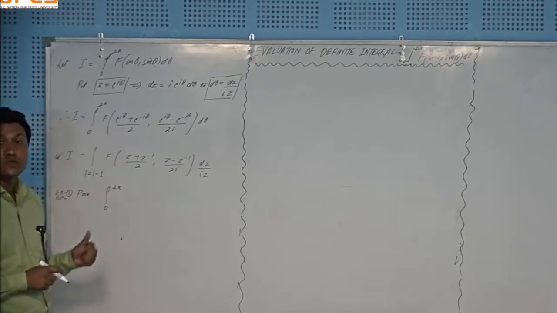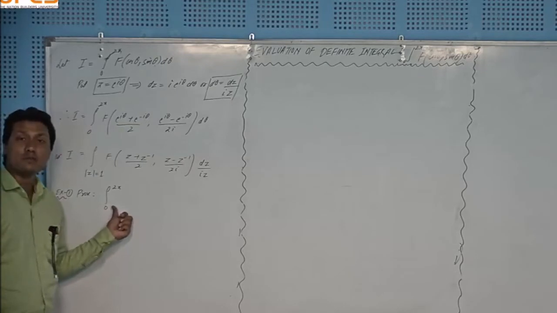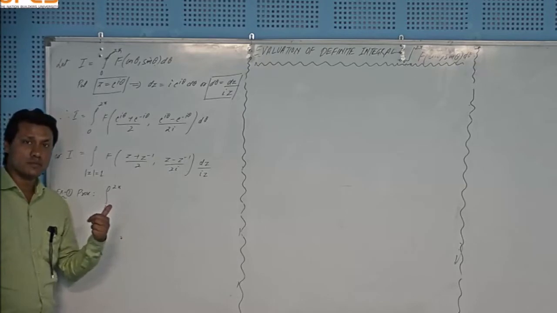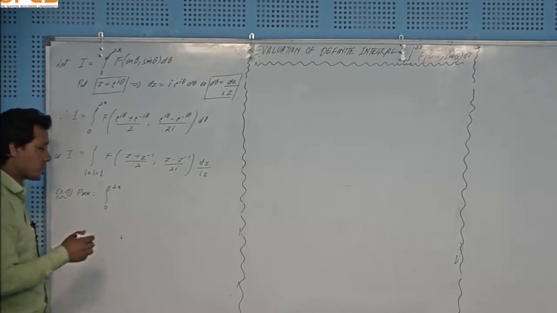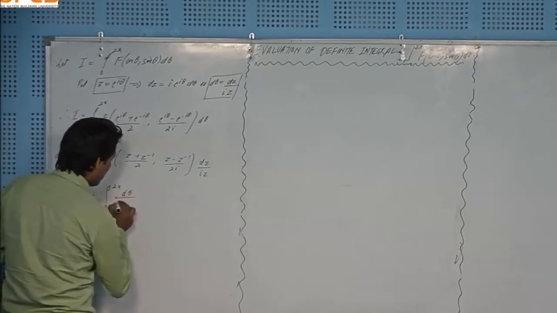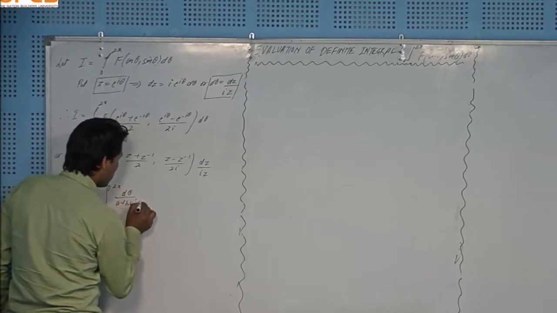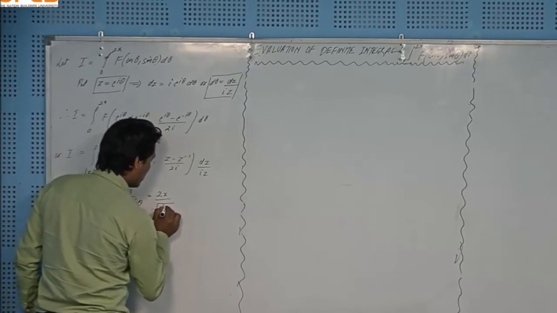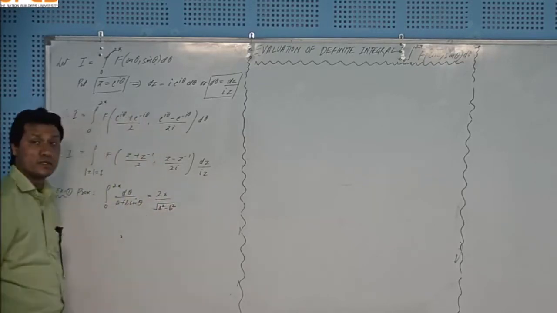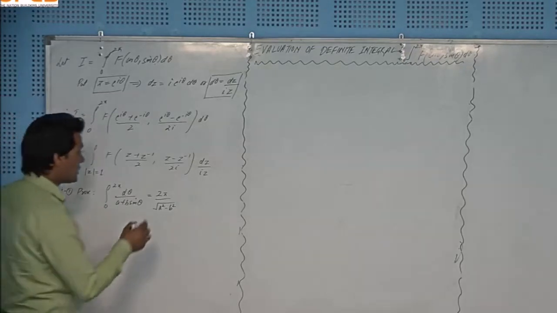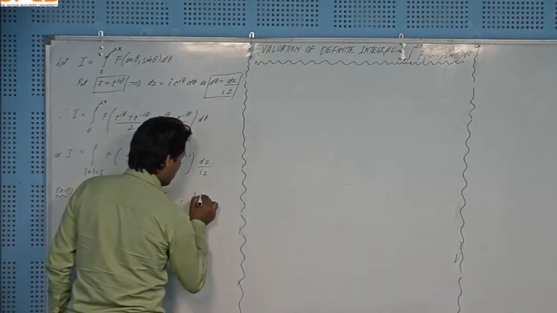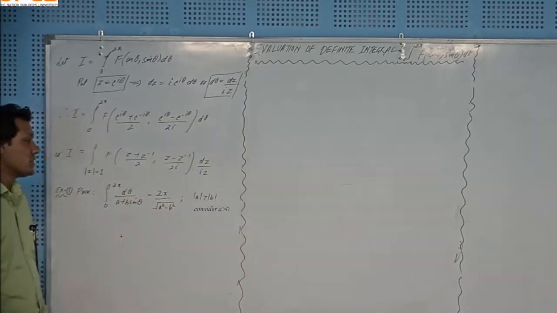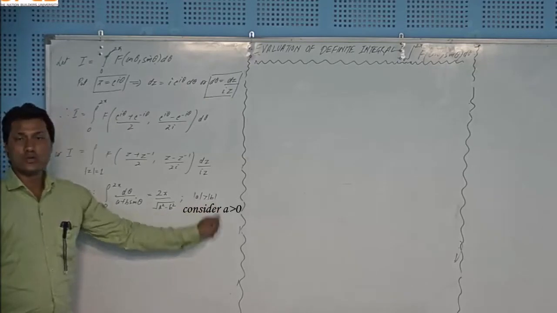In most of the questions you will see that the limits of integration will be 0 to 2π, and if they are not 0 to 2π, we will convert them to 0 to 2π. So the integral of dθ over (a + b sin θ) is equal to 2π over the square root of (a² - b²), and the relationship between a and b is given: |a| is greater than |b|, where a and b are complex numbers such that the modulus of a is greater than the modulus of b.